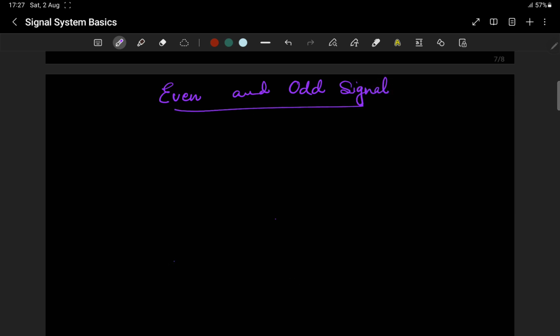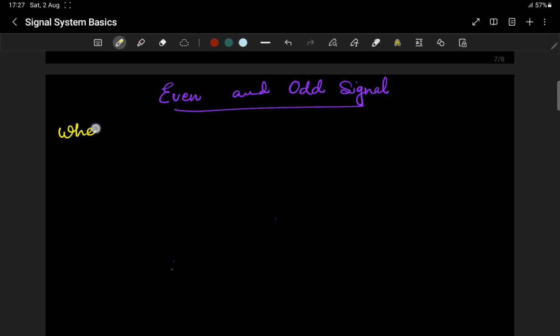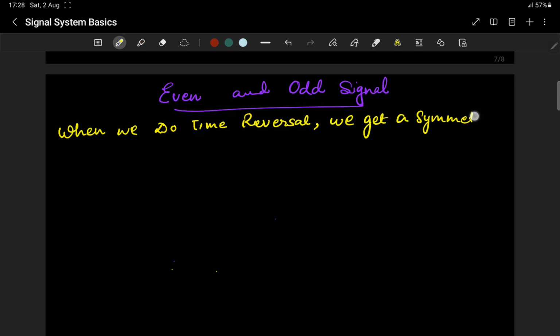When we think about time reversal, when we do time reversal, we get a symmetry of the signal.